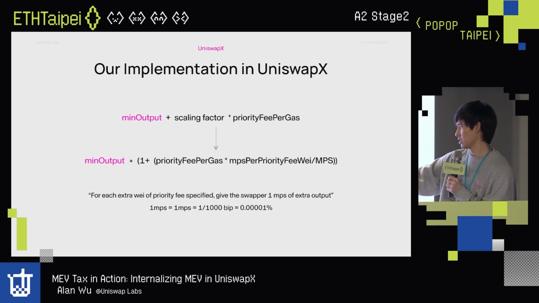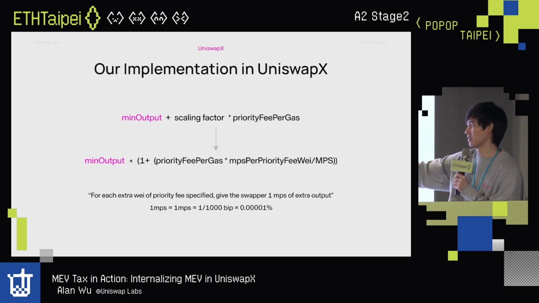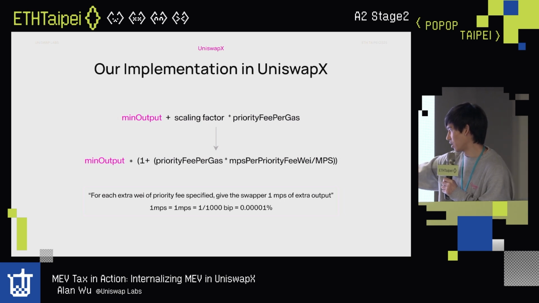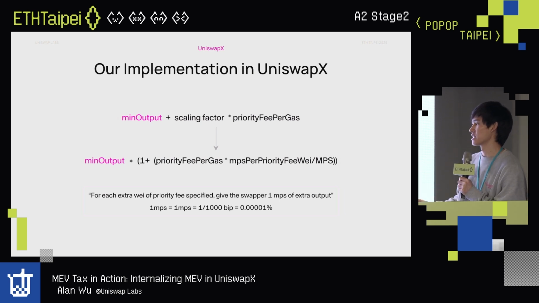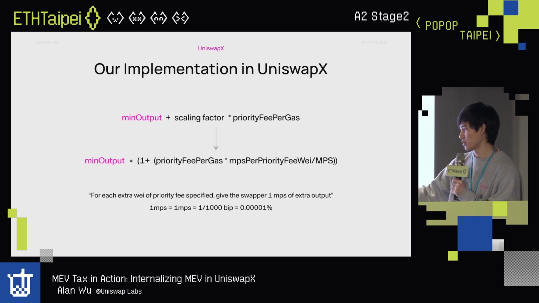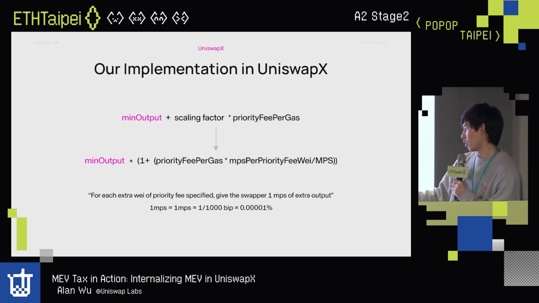And it looks quite complex because it's multiplicative now instead of additive, but the intuition is very simple. All this math is saying here is that for every extra wei of priority fee specified in the transaction, give the swapper 1/1000th of a basis point of extra output.